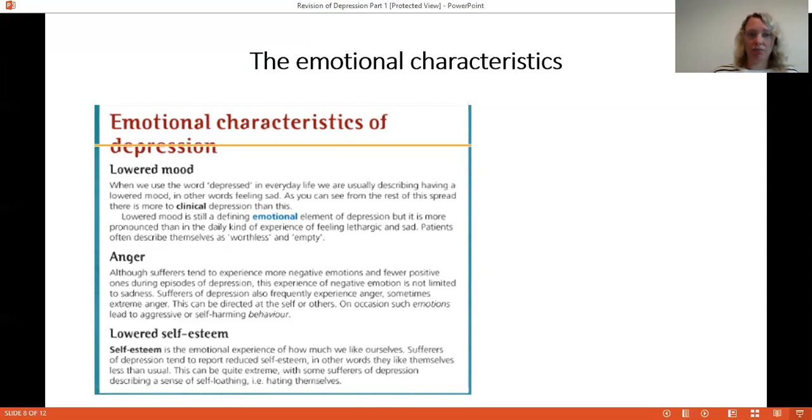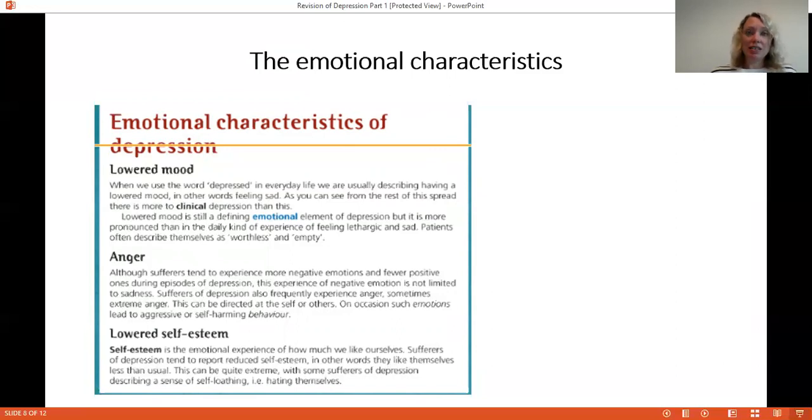Okay, so if you can remember that, then you're already hitting one behavioural and one emotional characteristic of depression. Okay, so the other two emotional characteristics of depression are quite similar, I think, and they are lowered mood, again, feeling sad for a prolonged period of time. The words that are written here is there's a link with lethargy. We had that in the behavioural characteristic, not feeling able to do anything, a change in activity levels.